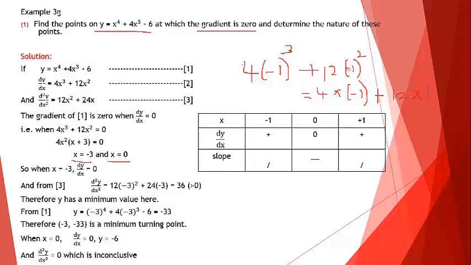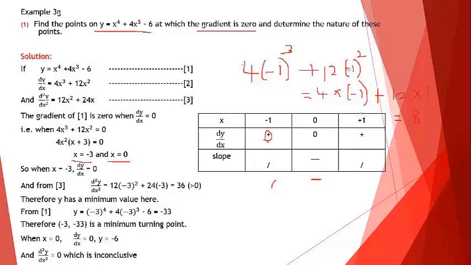So -4 plus 12 equals 8, which is a positive value. So the slope is positive. And at the stationary point, dy by dx equals 0, and the slope looks like this, which is parallel to the x-axis.